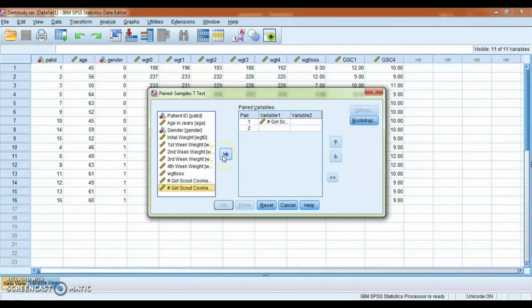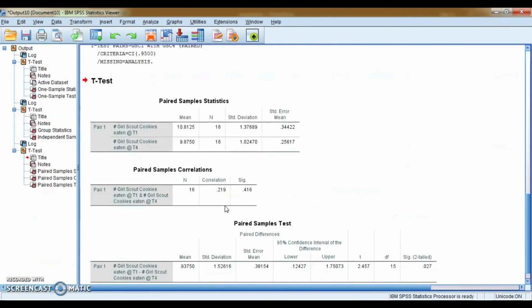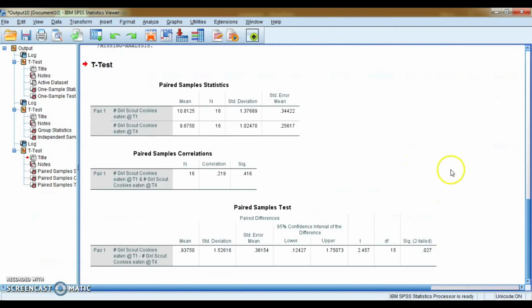This is going to take essentially the correlation within individuals into effect in the equation. And you don't really need to know the math for the purposes of this course, but the procedures are more important. So you click on OK, and you have our paired samples t-test.